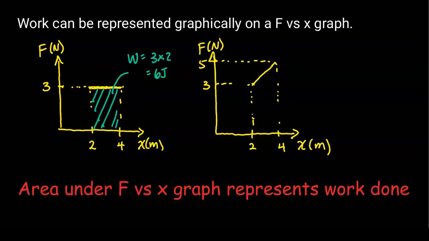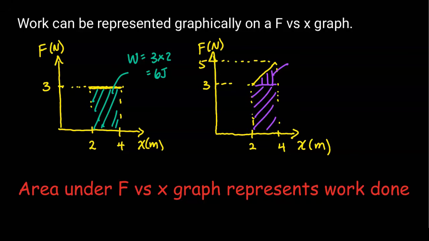On the right here, we could use the same method as well, except this time the force is not constant. It's going from 3 to 5 newtons over the same amount of displacement. Once again, I'm going to find the area under the curve. I'm going to break this up into two parts, a triangle and a rectangle.